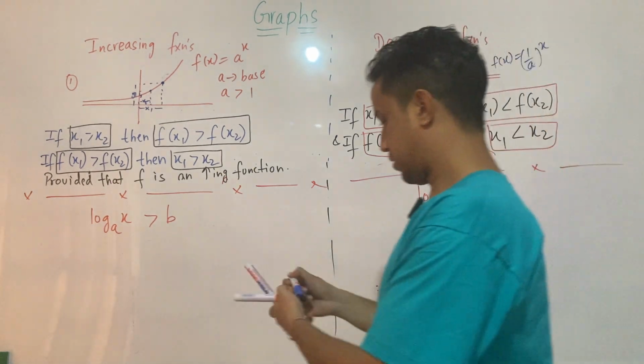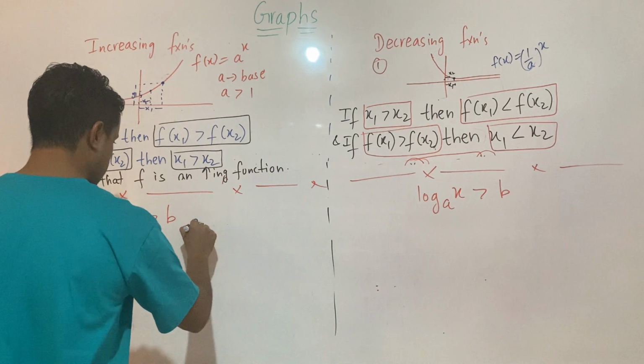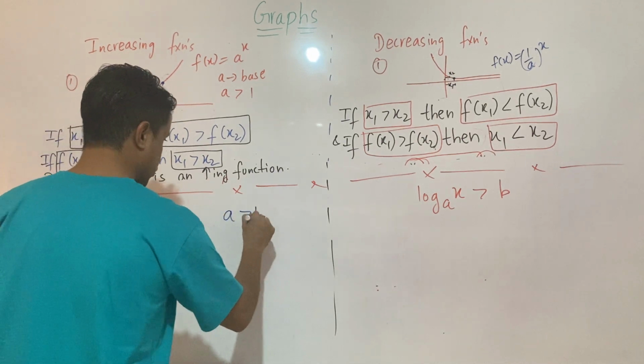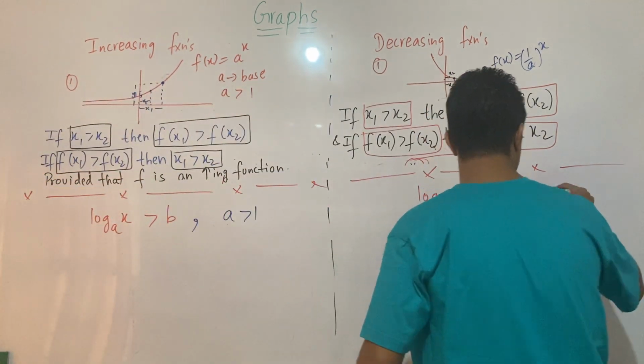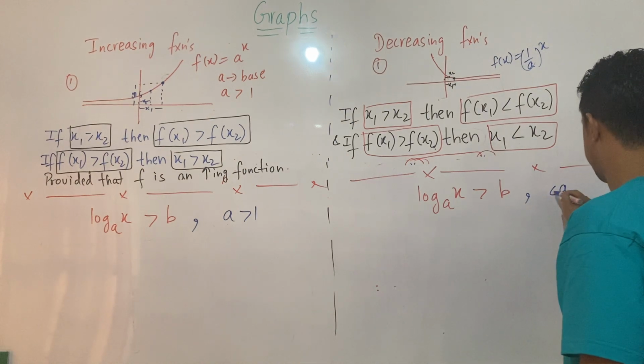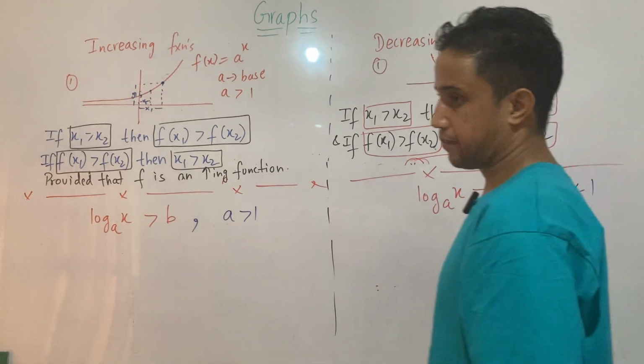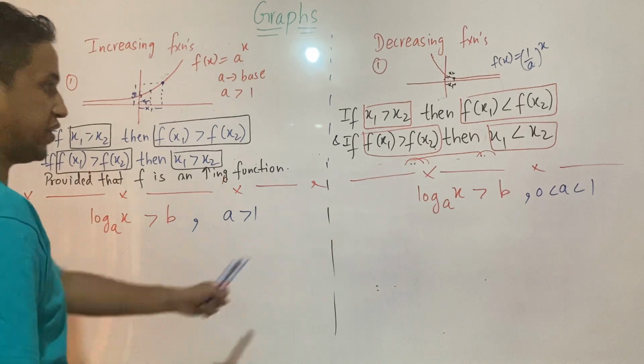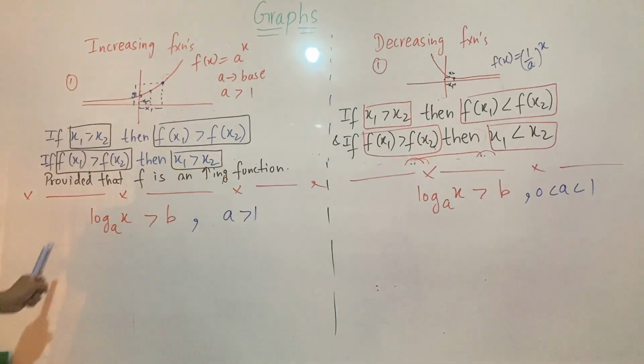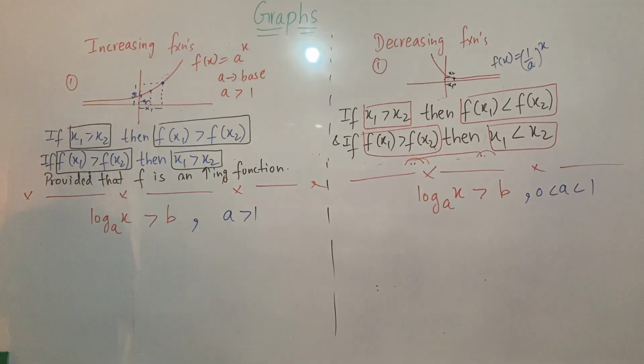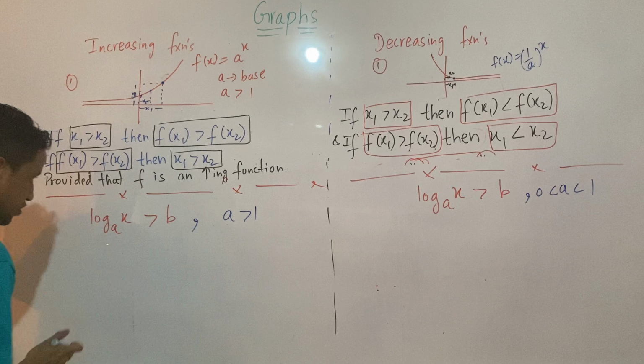Here the condition is that a is greater than 1, and here the base lies between 0 and 1. Now this is an increasing function. So when I'm going to remove log from here, what should it be?